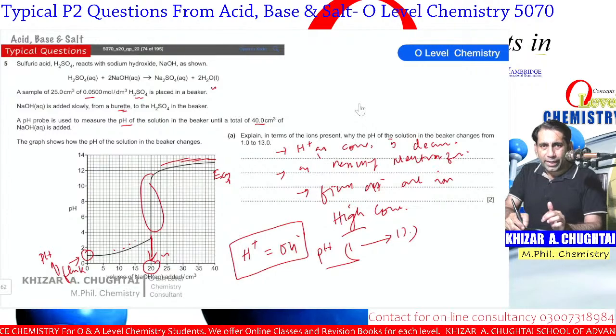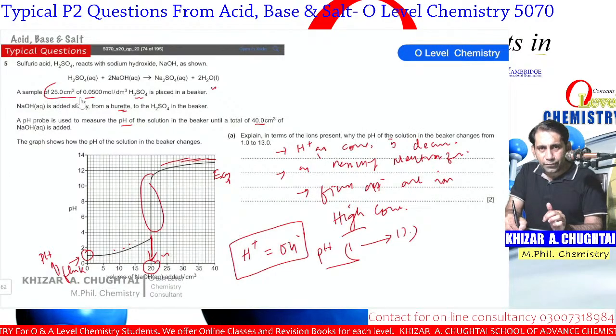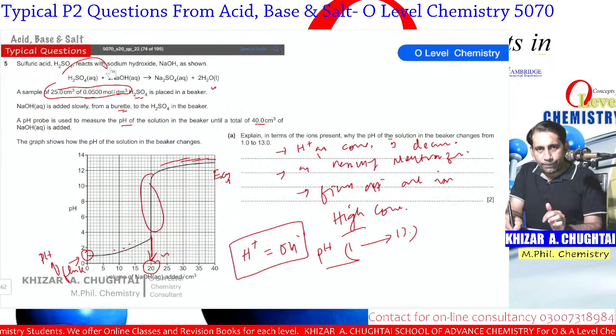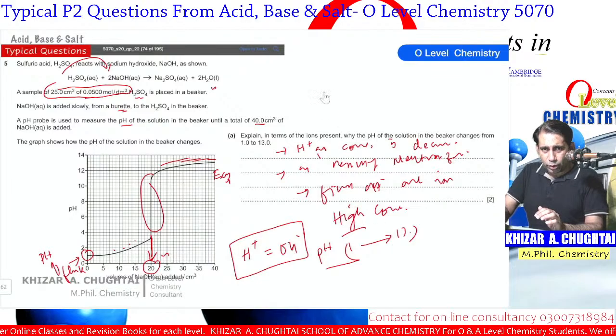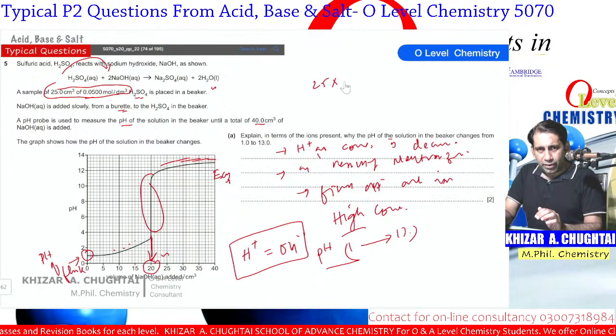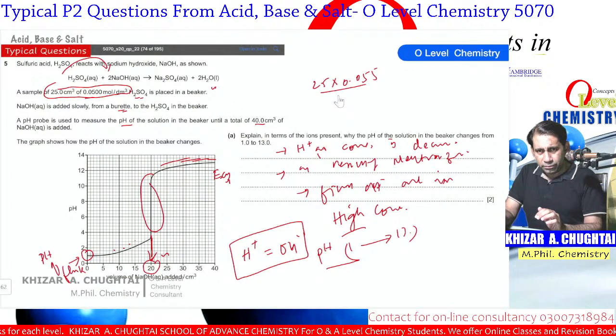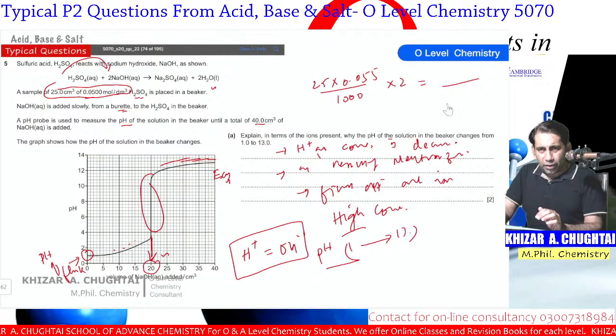First you will calculate the moles of sulfuric acid. Then you will double the moles of sulfuric acid, and that will be the moles of NaOH. I am going to write it over here: 25 into 0.055 divided by 1000 multiplied by 2 will be the moles of NaOH.